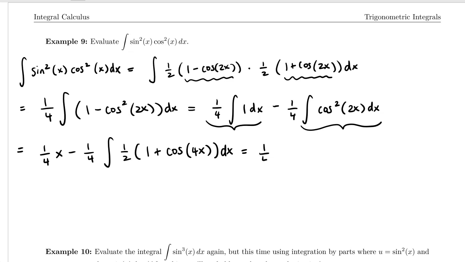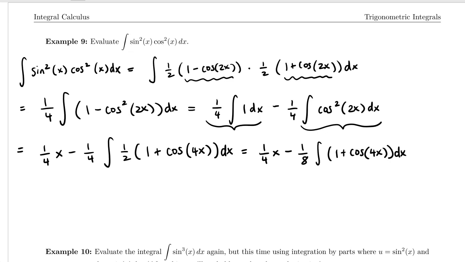So now I have 1/4 x, and then I can factor out the 1/2, and that gives me minus 1/8, that's times the integral of 1 plus cosine of 4x dx.